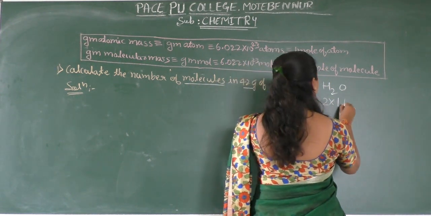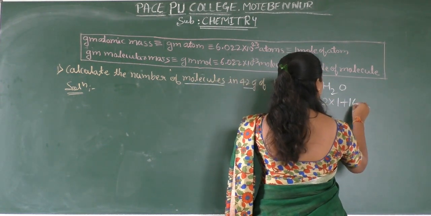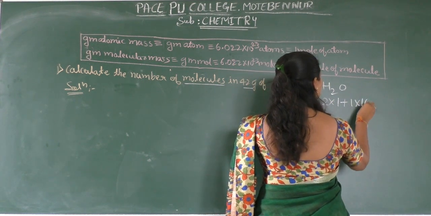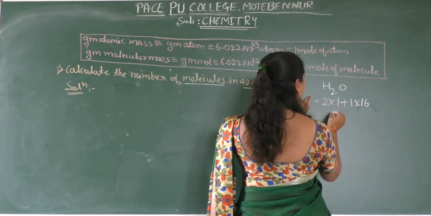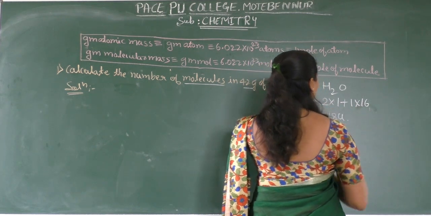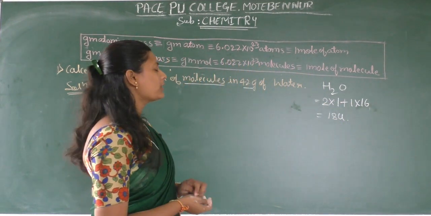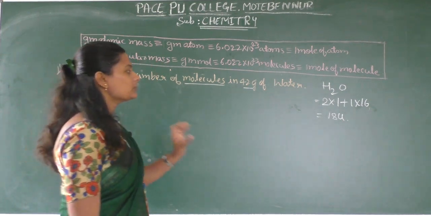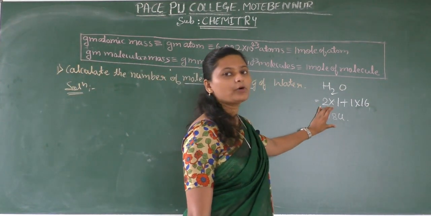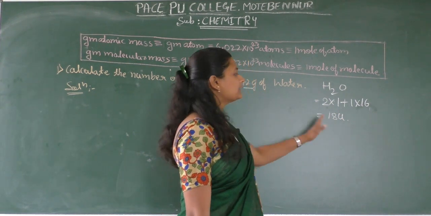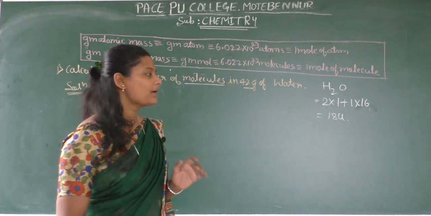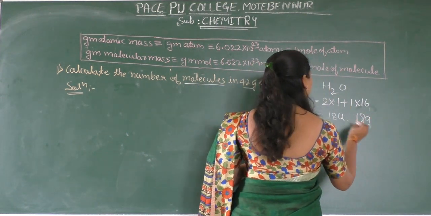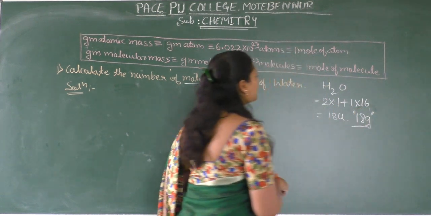Atomic mass is 2 into 1 plus 1 into 16. The answer is 18 u. So this is the molecular mass of water. So here we require gram molecular mass. If we express the molecular mass in terms of gram, that is nothing but the gram molecular mass. So 18 gram is the gram molecular mass of the water.